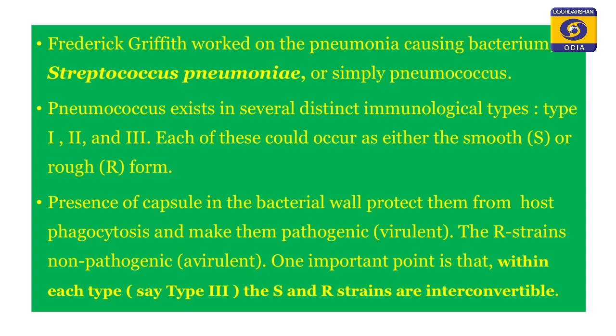And these S form bacteria form smooth edge colonies. That means, when plated in a Petri plate, they form a smooth edge, but those without the capsule form rough edge colonies, that is why they are R type.